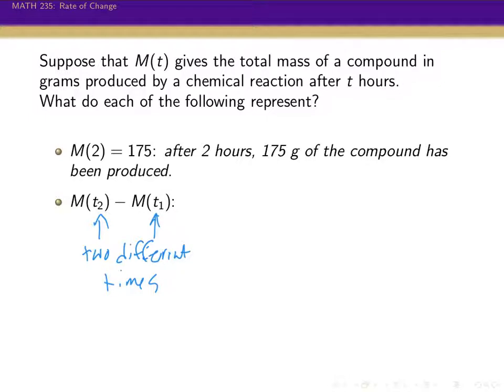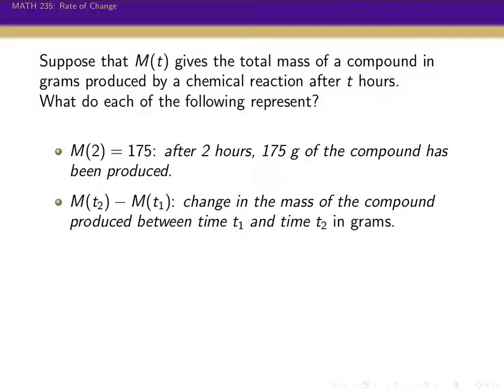Well, if we're taking the difference between them at 2 different times, we're really looking at how much the value of the function has changed between those 2 times. So m of t2 minus m of t1, this is talking about the change in the mass of the compound produced between time t1 and time t2. And again, the units here would be in grams.